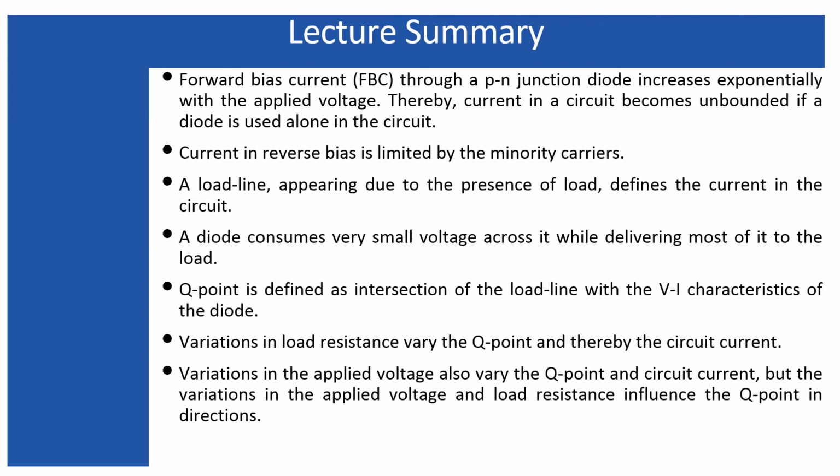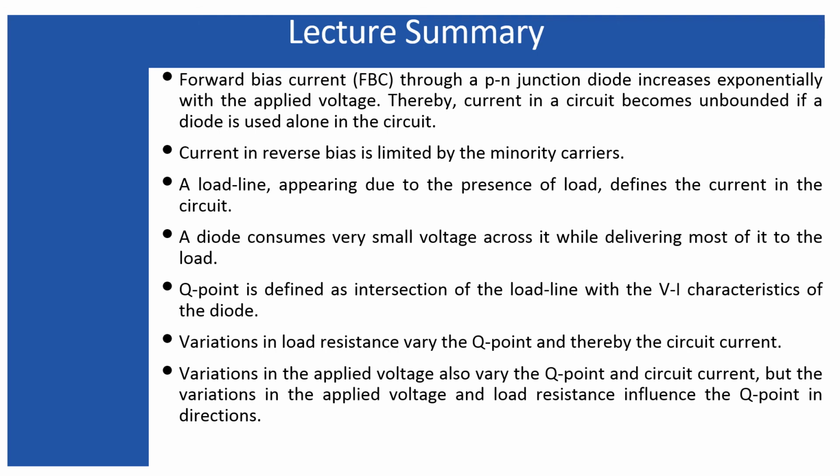So this is the lecture summary for today. We have seen that we cannot use a diode alone with a voltage source, because we must connect a resistance. If we do not, then whenever the voltage source puts the diode in forward bias, since the diode current increases exponentially and there is no other element to limit the current, infinite current can flow.